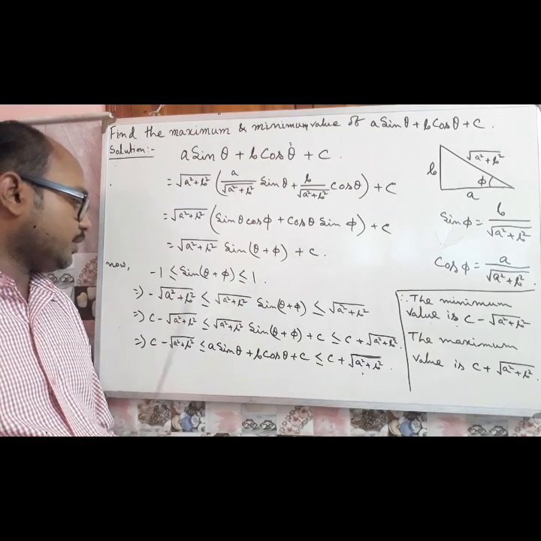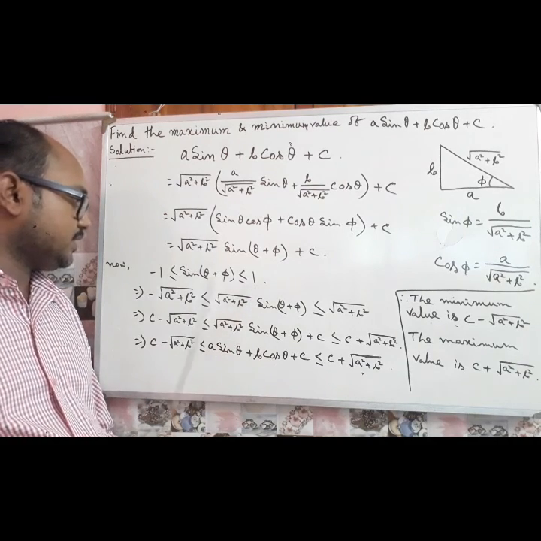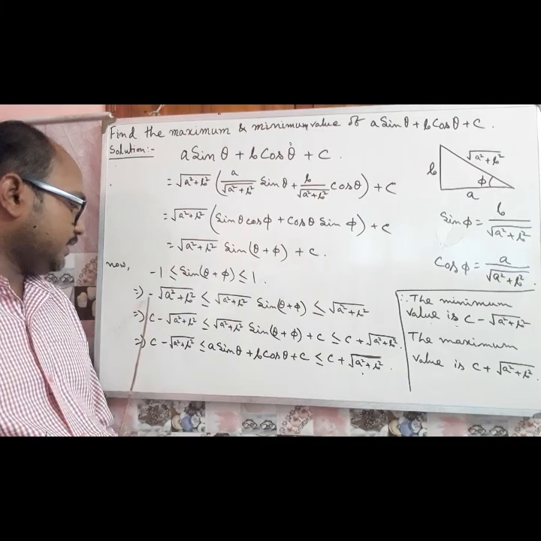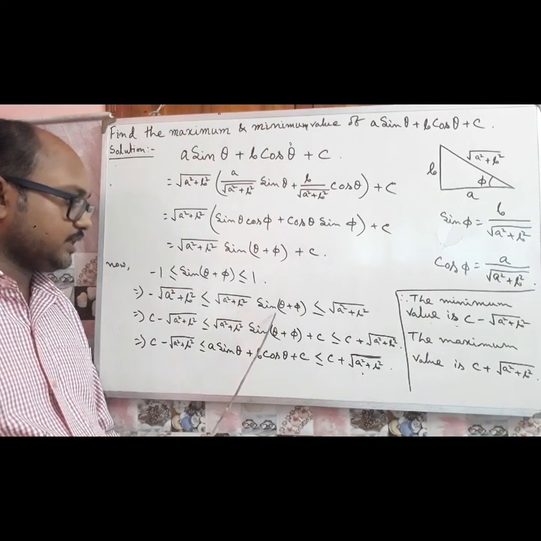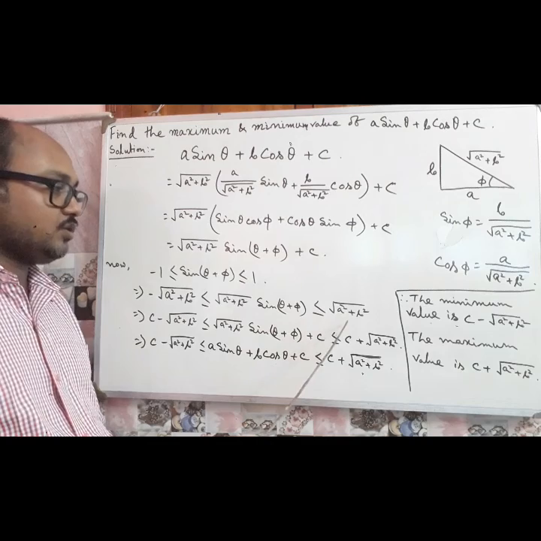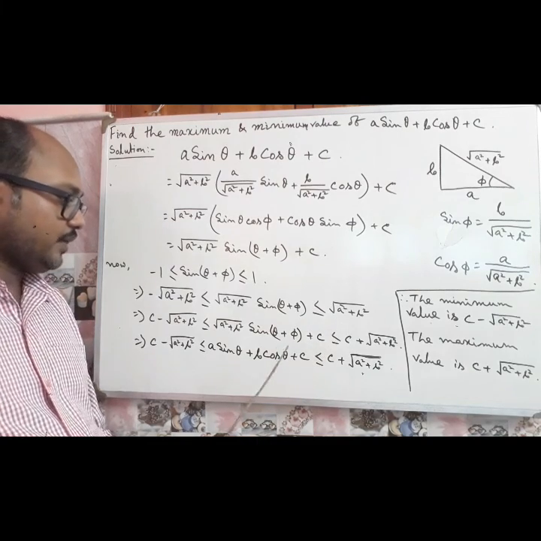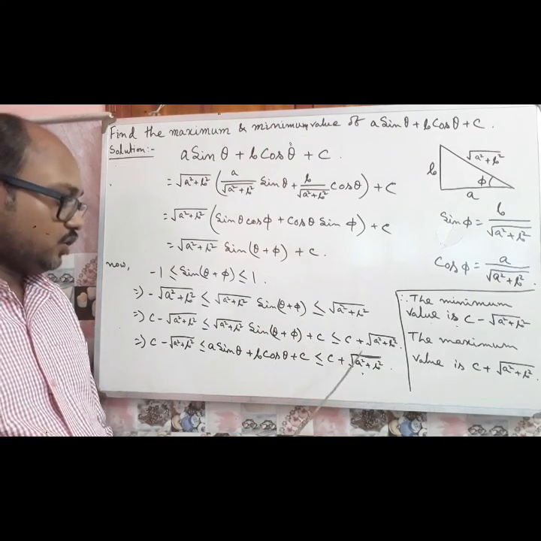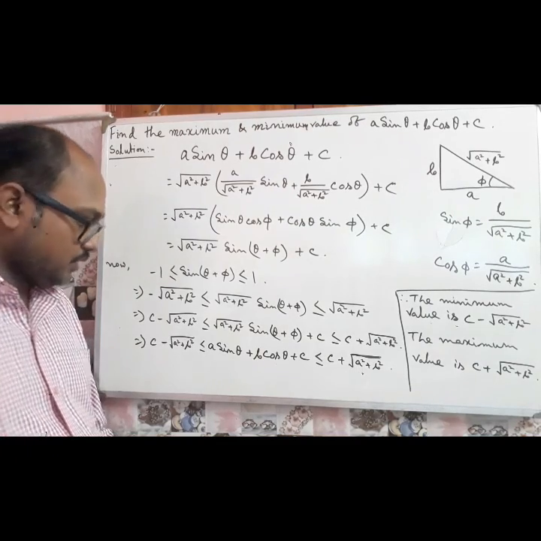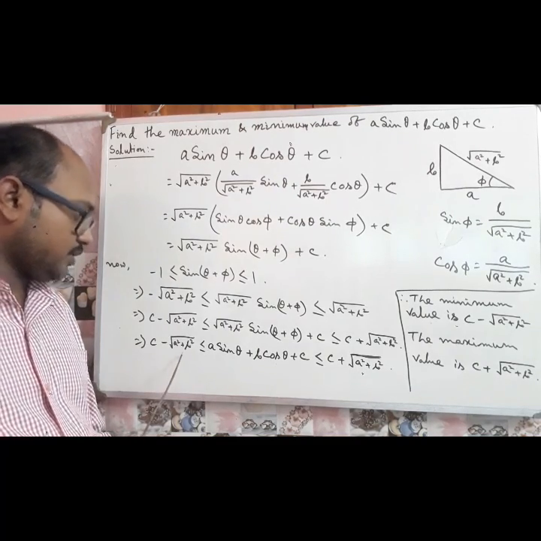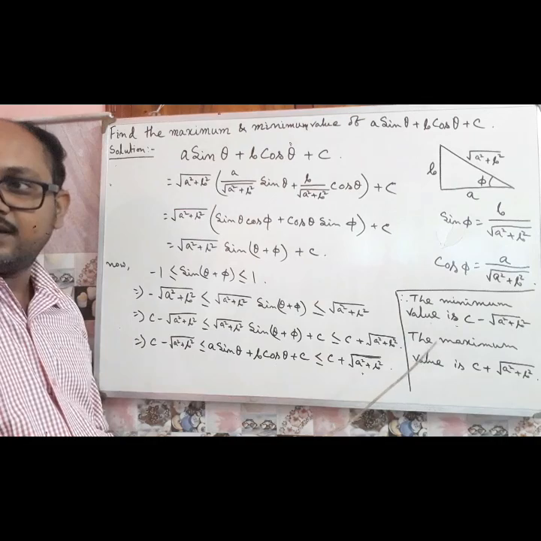If we multiply by root over a square plus b square in all these three, that is minus root over a square plus b square is less than or equal to root over a square plus b square into sin(theta plus phi), less than or equal to root over a square plus b square. Now add c. So c plus root over a square plus b square will be the maximum value, and c minus root over a square plus b square is the minimum value.